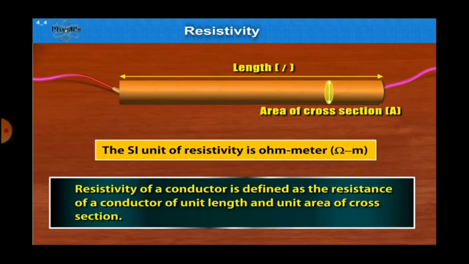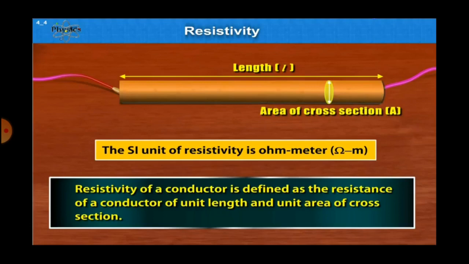The resistance can be changed with respect to the length and area of cross section, but the resistivity will not change with respect to length and area. The resistivity will change only if the material is changed. For example, if you consider a copper conductor and double its length, the resistance of the copper conductor will change, but the resistivity will remain constant.